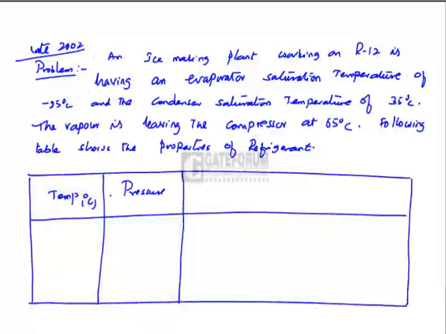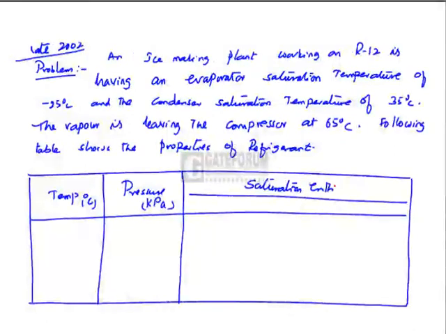First column is saturation temperature. Second column is saturation pressure in kilopascal. Then we have saturation enthalpy in kilojoule per kg for liquid and for vapor.